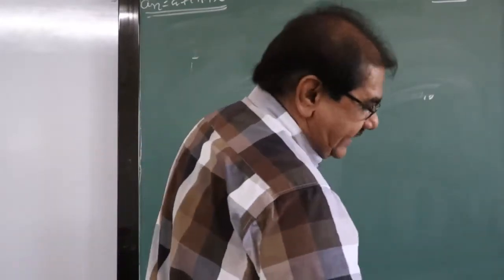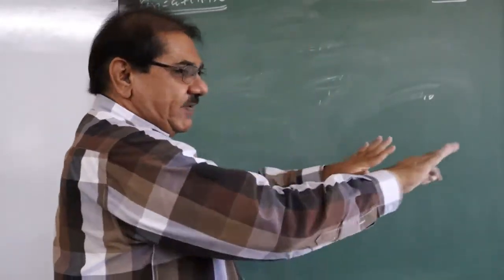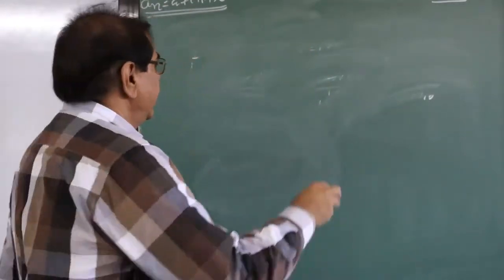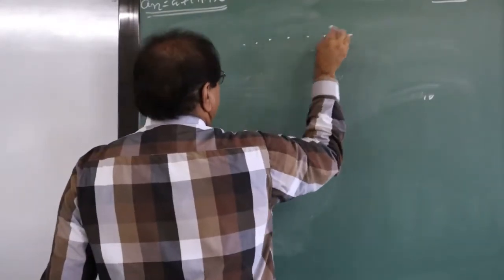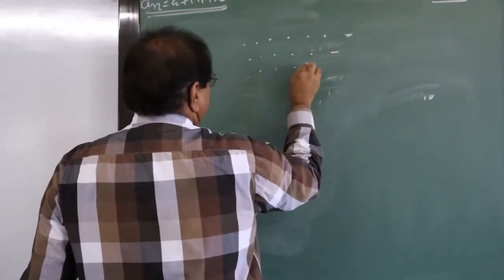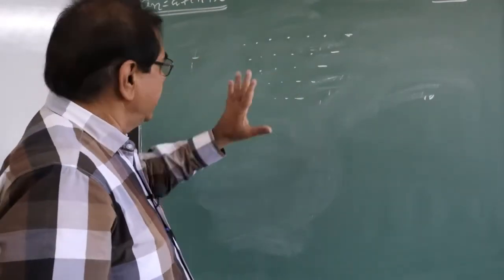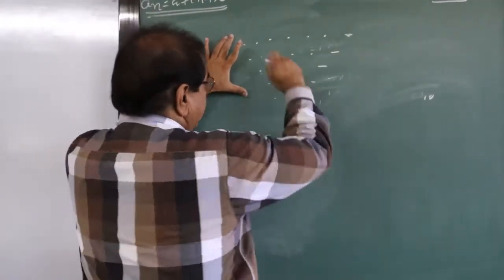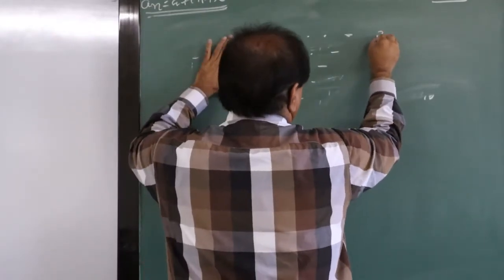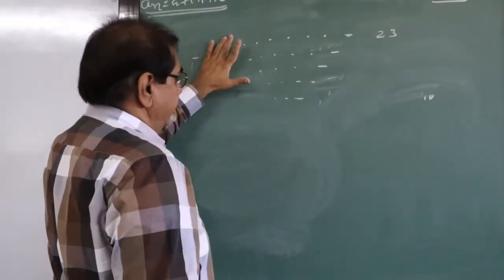One more interesting example we see. There is a flower bed in the garden. This is how the flowers are arranged. The number of flowers goes on reducing. That way the flowers are arranged. So in the flower bed, in the very first row, there are 23 rose plants.